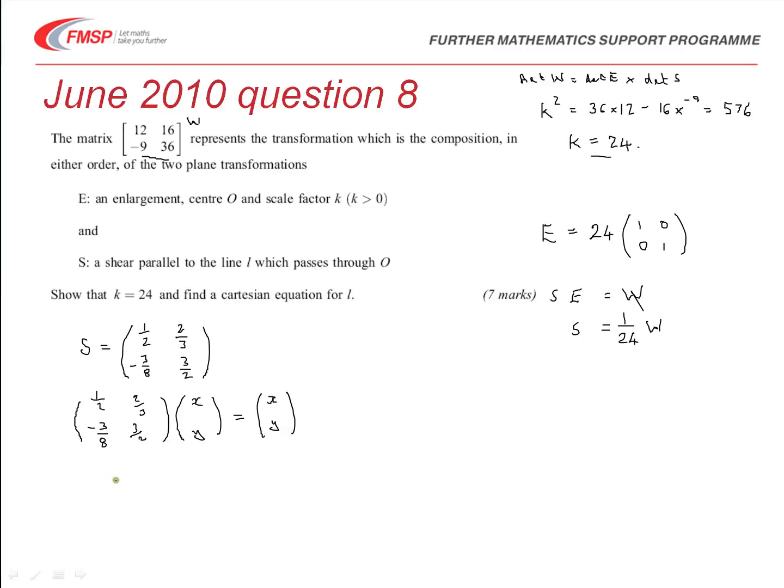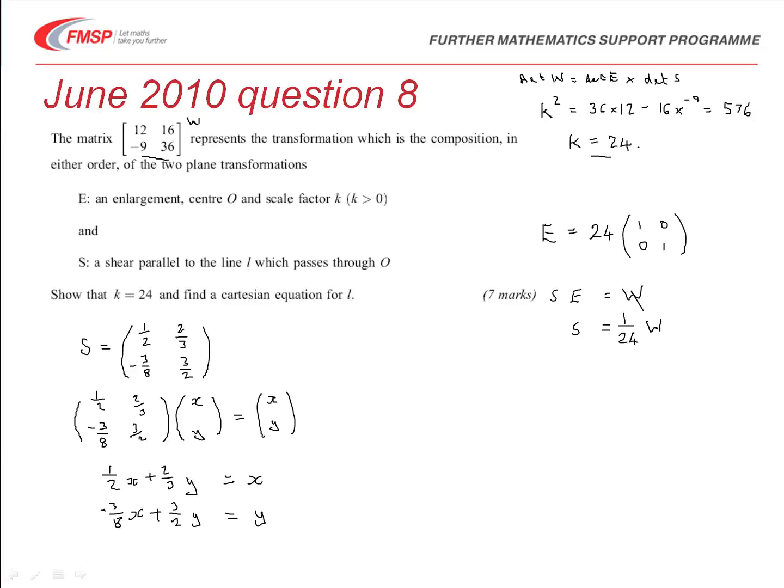So if we multiply the left hand side, we get the fact that a half x plus 2/3 of y must equal x, and we get minus 3/8 of x plus 3/2 y must equal y.